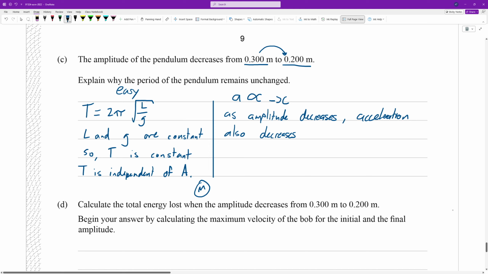And so if acceleration decreases, it means it will cover less distance in the same time. So smaller distance covered at a slower speed. Cool. And then answering the question, so period is constant.